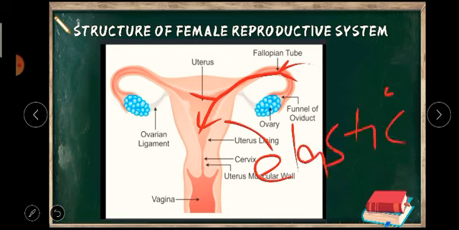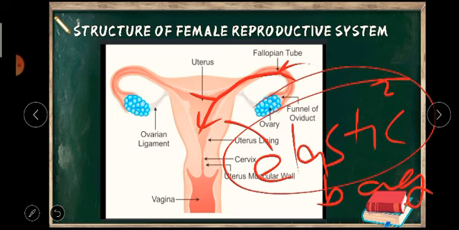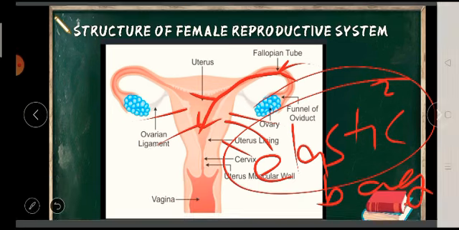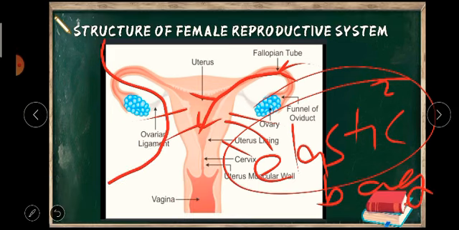So what did you understand by this term, students? Elastic bag. If it is elastic, that means the uterus can expand. It can grow in size, and it can also contract and relax. That means it can reduce in size as well as grow in size. That's why, when a baby is growing inside the uterus, the mother starts developing her big belly.